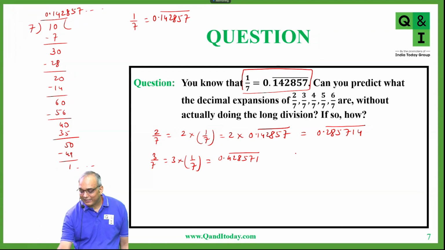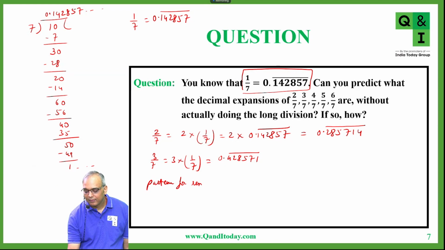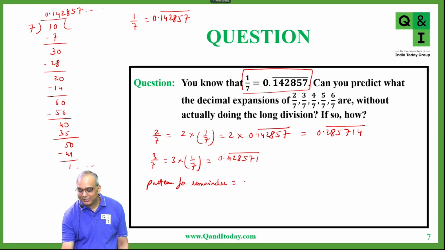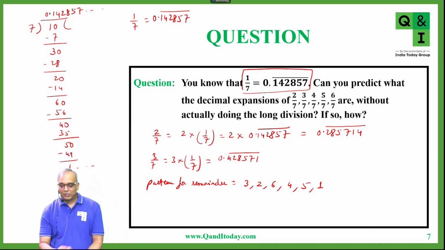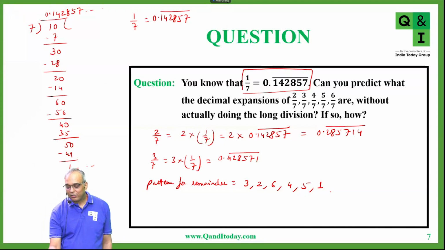So if you check the pattern for remainder, first case the remainder is 3, second it is 2, then 6, then 4, then 5, and then 1. Right? So this is the pattern for the remainder. Now once you have this pattern, if I have to calculate 3 by 7, I'll divide 3 by 7.